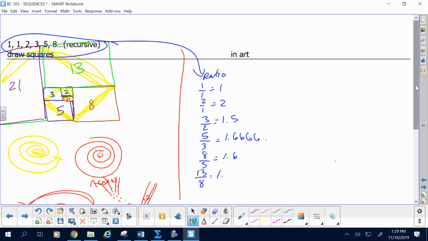They bounce back and forth, but the limit of the term to the one before it approaches 1.618, and so on. If that number means anything to you, that's the golden ratio.